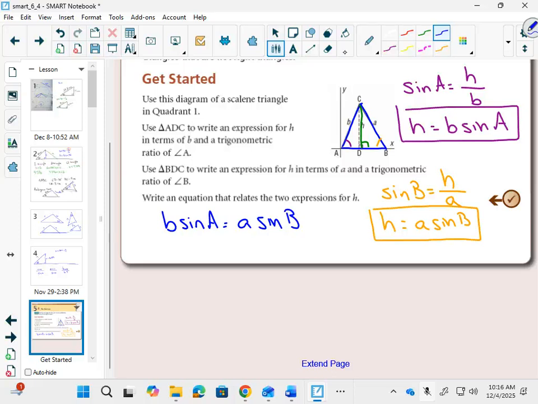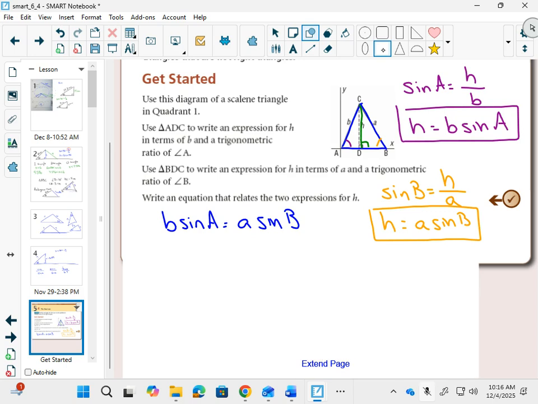With the sine law, what we'll often do here is we'll take this blue equation and we'll rearrange it a little bit.